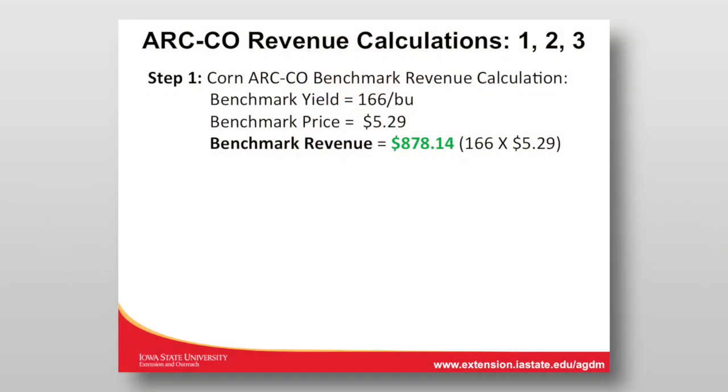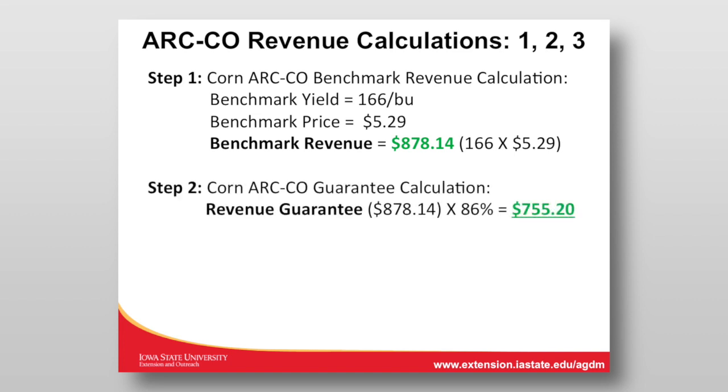So these numbers can be calculated now to start to begin the process of creating a comparison of PLC versus ARC-CO. Let's use a 6-step approach. The first 3 steps: number 1, calculate the benchmark. We'll simply multiply the 166 times the 529 to come up with the benchmark revenue. We'll still need to multiply the benchmark revenue times 86%. That's a regulation within this farm program to come up with the revenue guarantee.